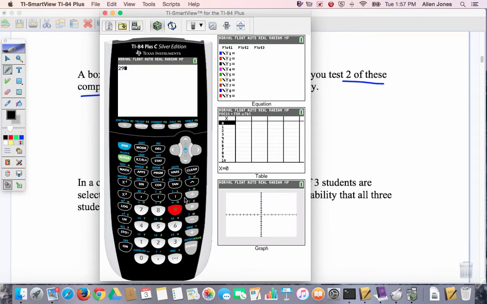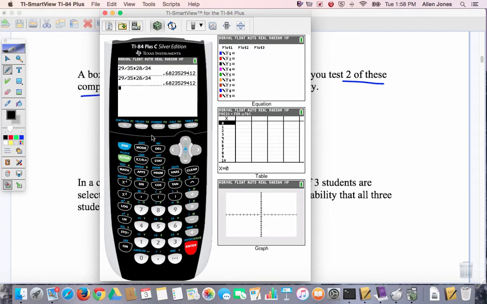There we go. Okay, so I'm going to clear here. And we had 29 divided by 35 times 28 divided by 34. Okay, so I just typed in my 2 fractions to multiply. I hit enter. It does give me my answer as a decimal.